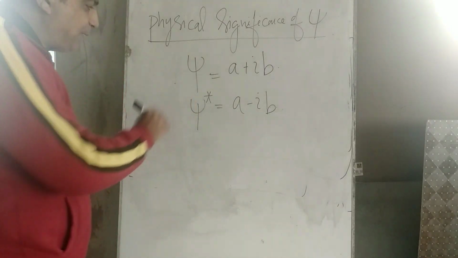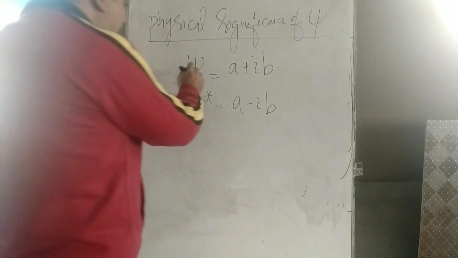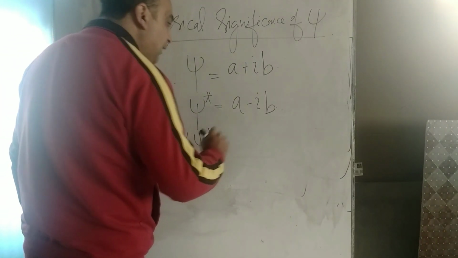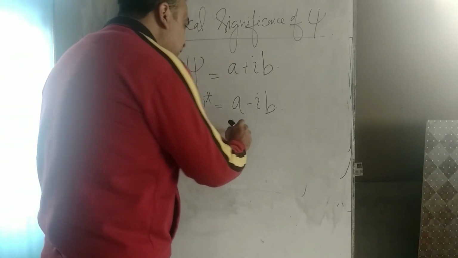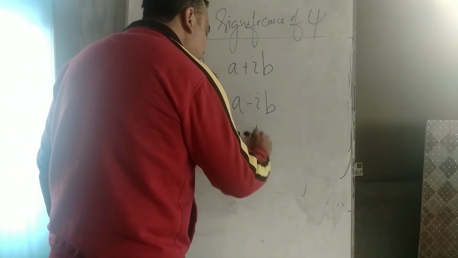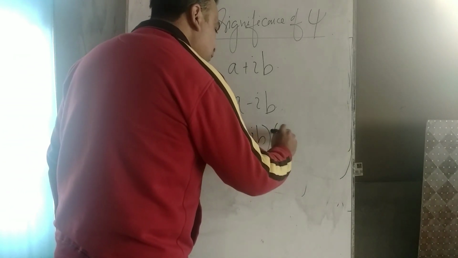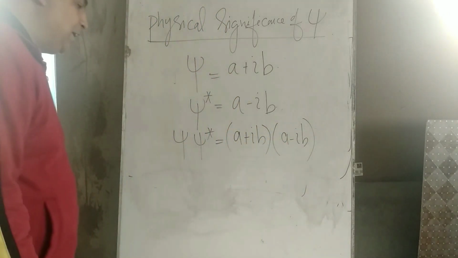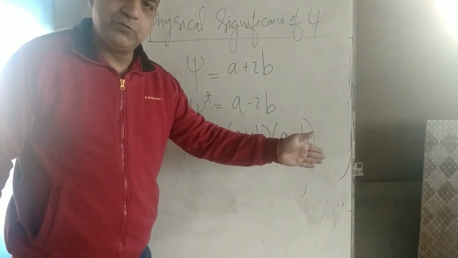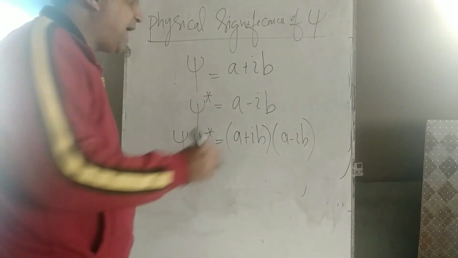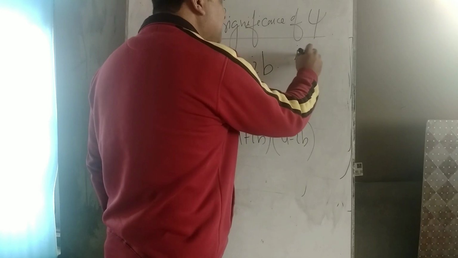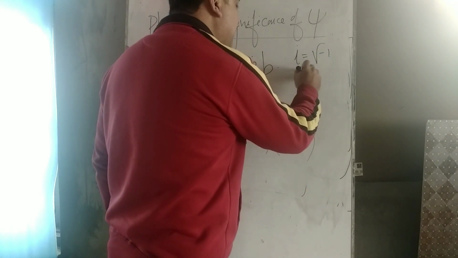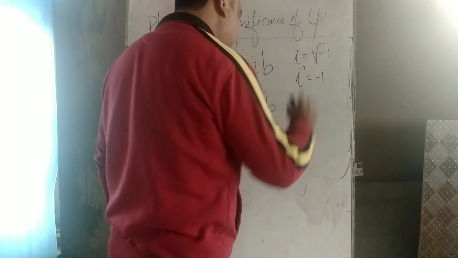Now, if I multiply this psi with psi star, the result will be a plus iota b into a minus iota b. On evaluating this expression, you will get rid of this iota. This iota is under root of minus 1, so iota square is minus 1.